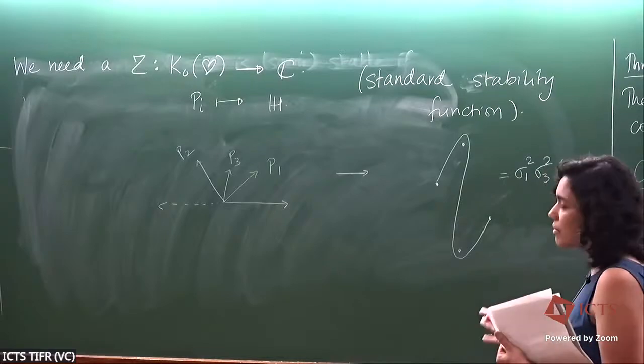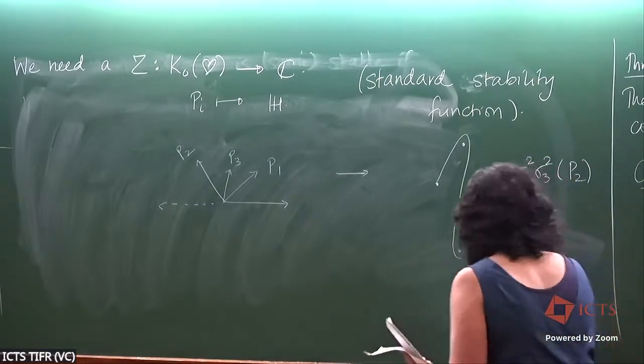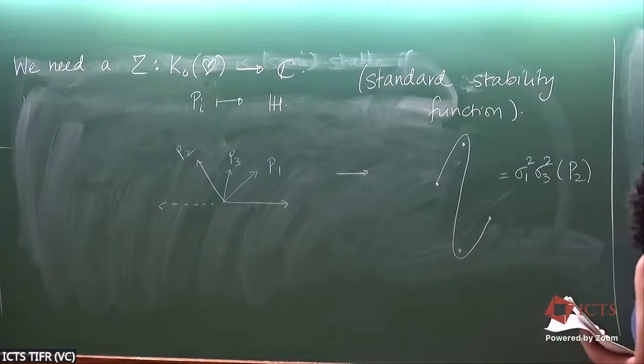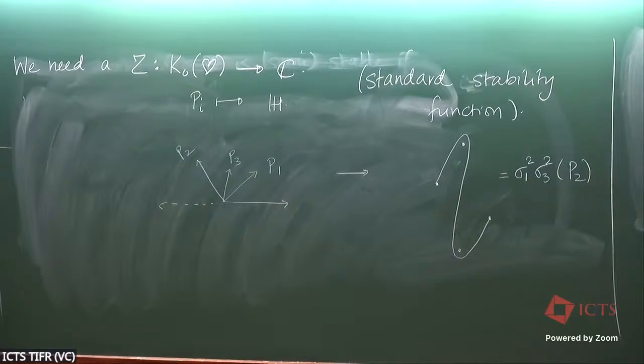And now you can all guess the theorem, and I'm just going to write it. The point is that the straight line segments are exactly the objects that are stable. So I'll write it here.